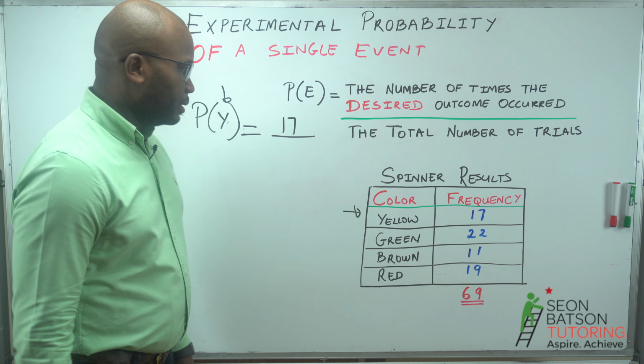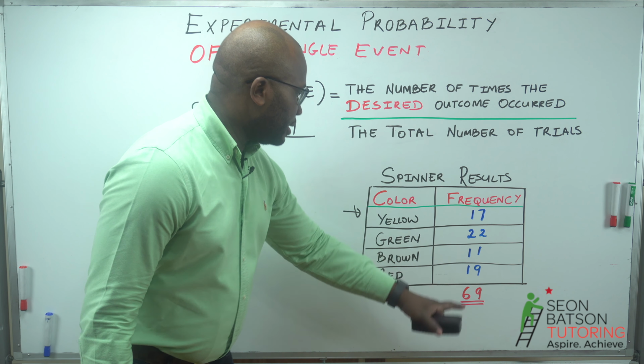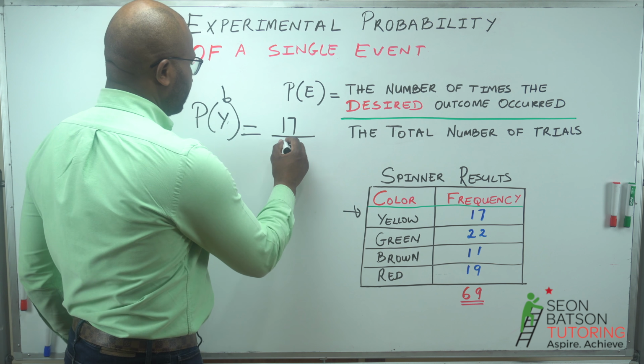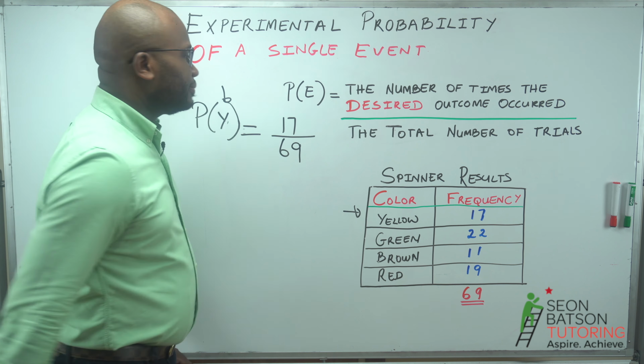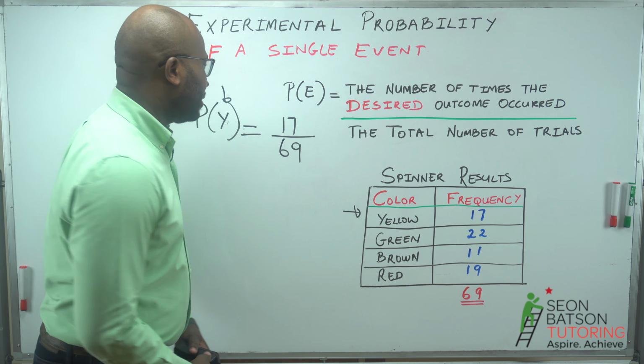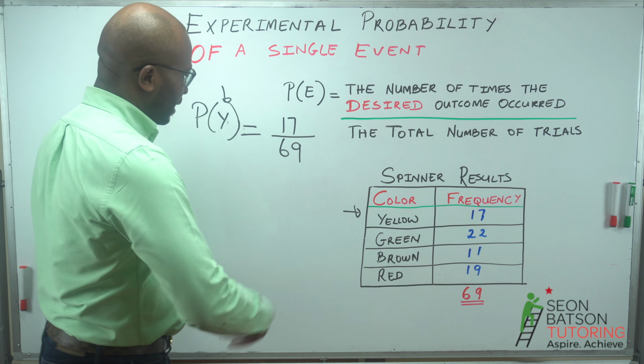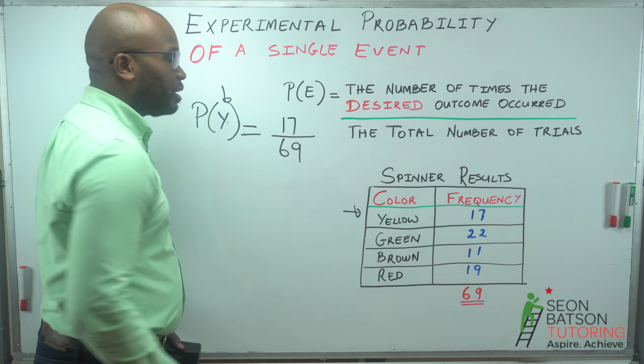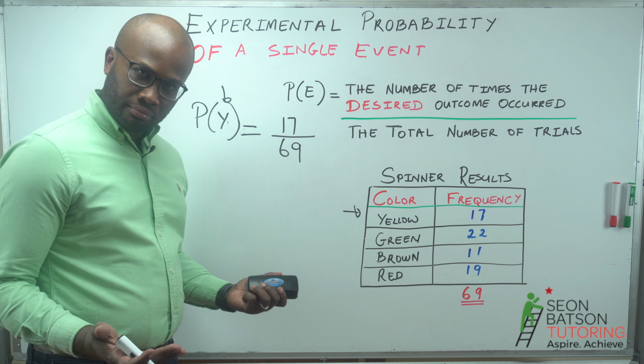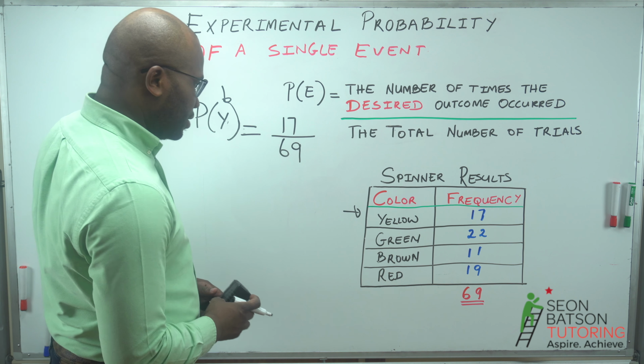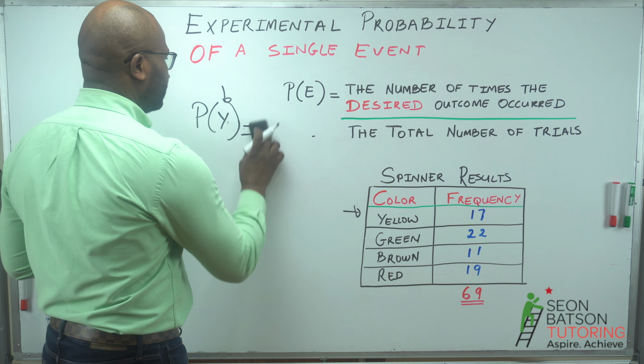The total number of trials in the experiment is 69. So the probability of me getting yellow the next time I spin the spinner will be 17 out of 69. Very simple.